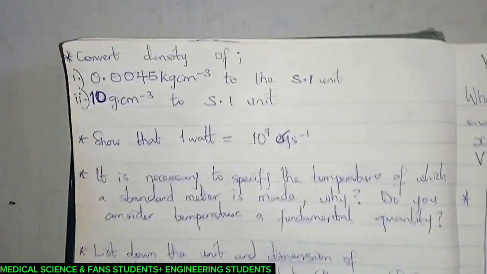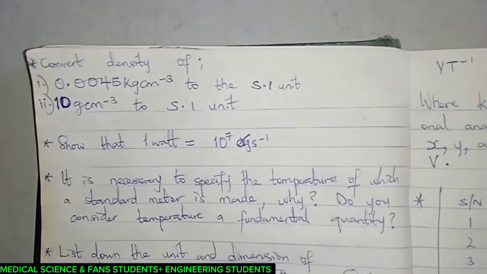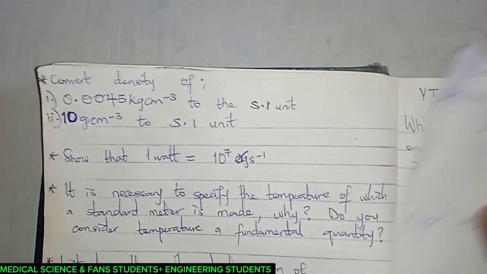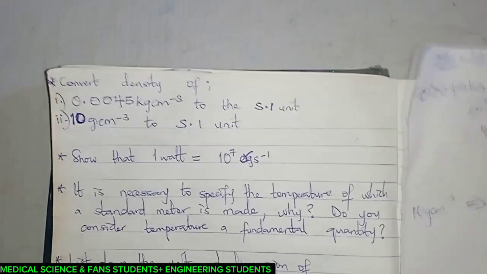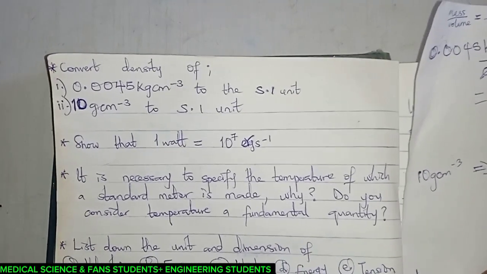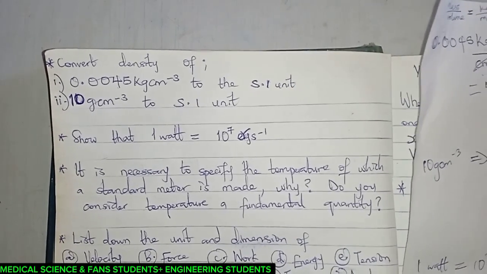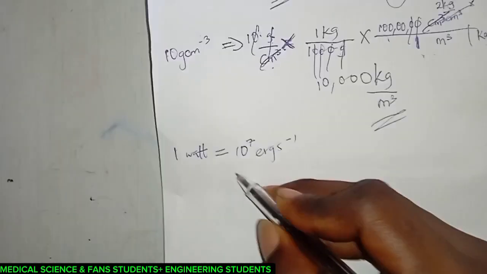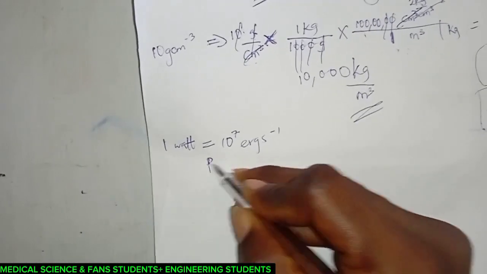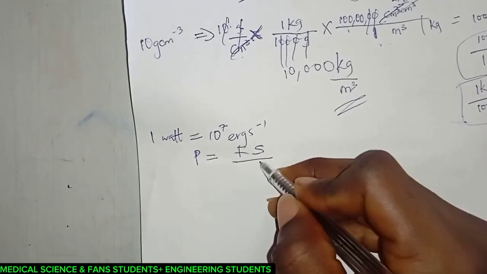So next question said, show that 1 watt equals 10 raised to power 7 erg per second. What you first of all do is to remember that 1 watt is the same thing as power, which is equal to force times displacement all over time.